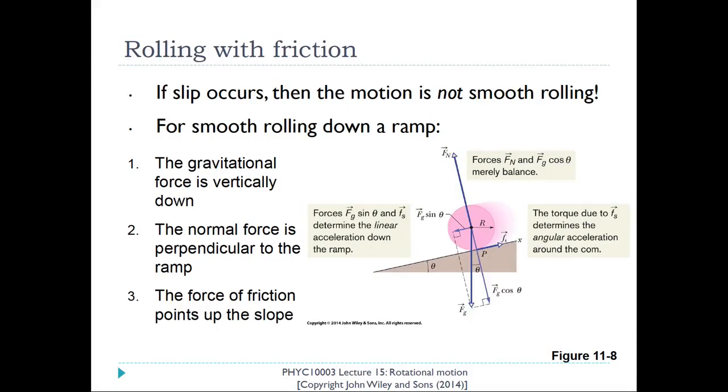So let's have a look at this. Let's take a rolling object on a ramp, and it's going to be rolling down. All we've done here is taken our nice simple system and tilted it off at an angle, which means we have to use our trig functions and the Pythagorean theorem.